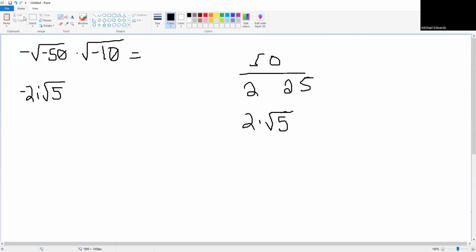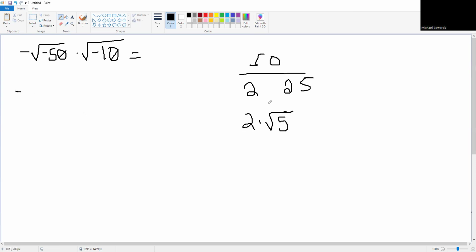What did I do here? Don't be like me and write this backwards. Let me get the eraser tool. Okay, let's just start over.